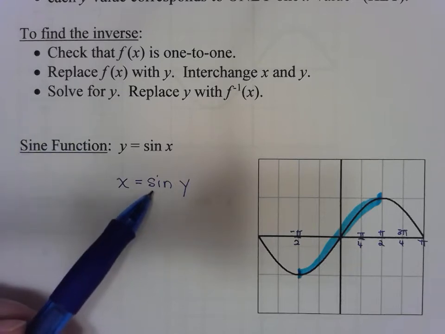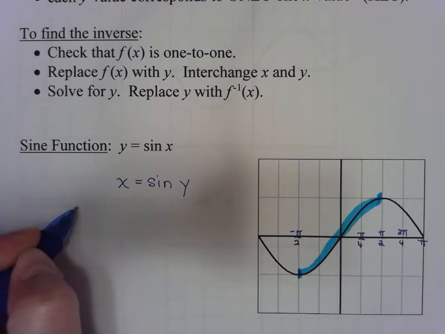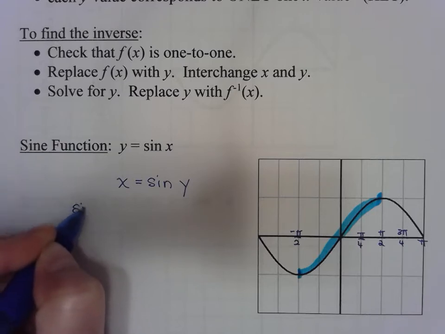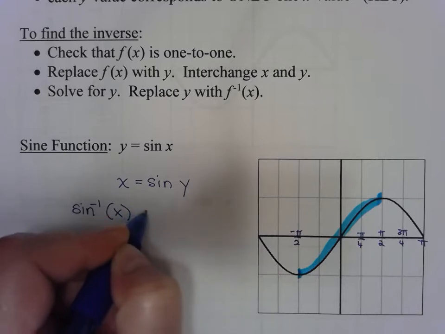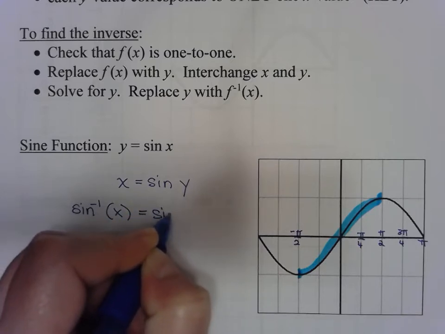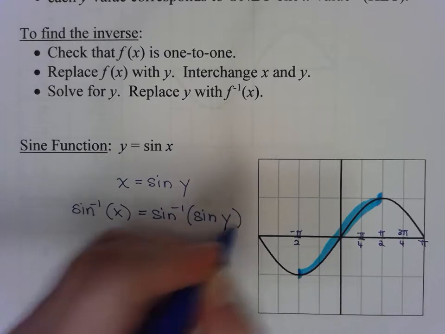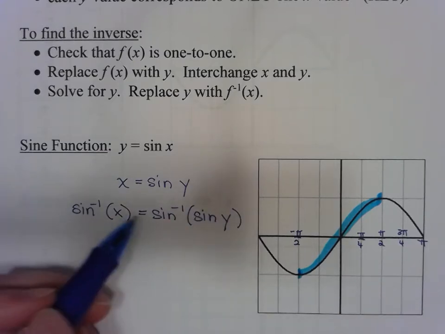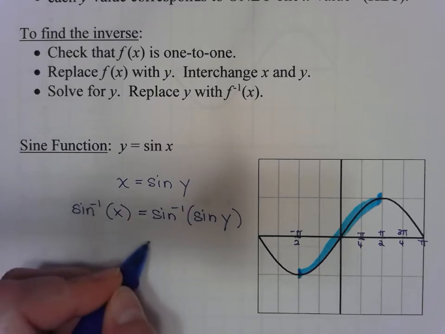To solve for y, I have to do the opposite operation of the sine. This is the inverse sine, right? Technically I would be taking the inverse sine of both sides. It kind of feels like cheating when you call it the inverse sine, but the inverse sine and the sine are opposite operations, so they're going to cancel each other out.